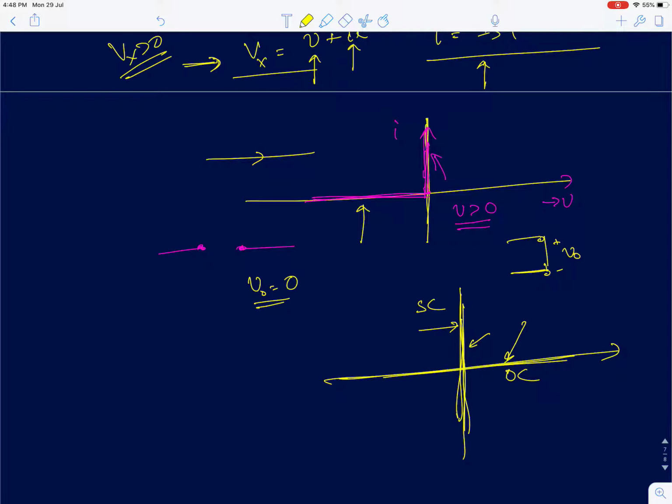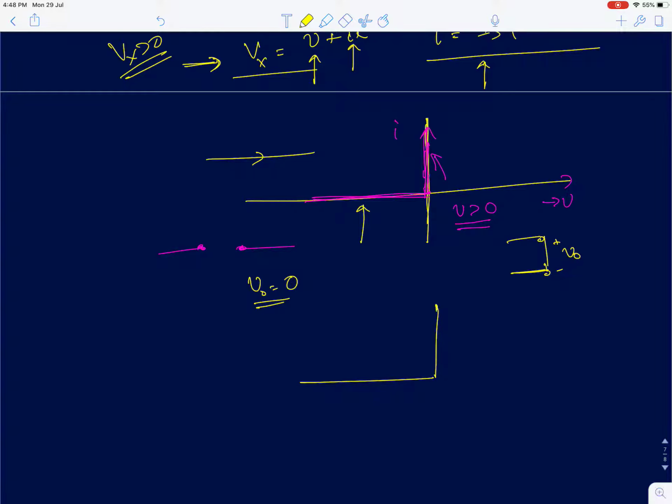But since a diode is a unidirectional element, it can carry current only in one direction, so I have to consider only one direction. Voltage is along this axis and current is along this axis. When it's forward biased, current can only flow in this direction, and when it's reverse biased, voltage can be only negative across the diode.